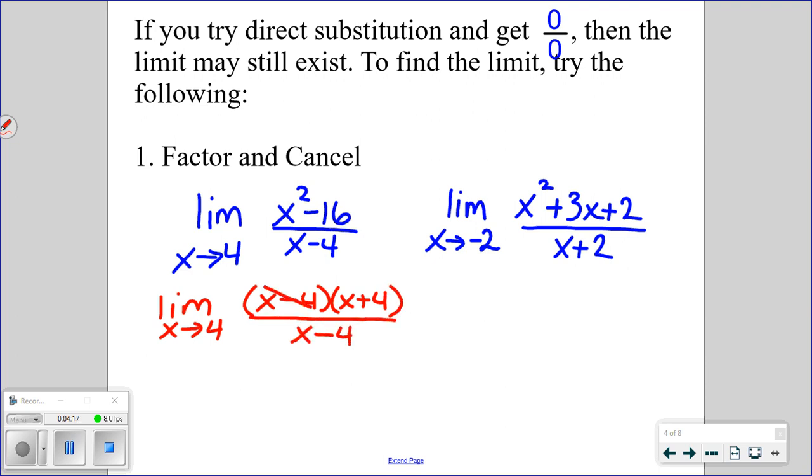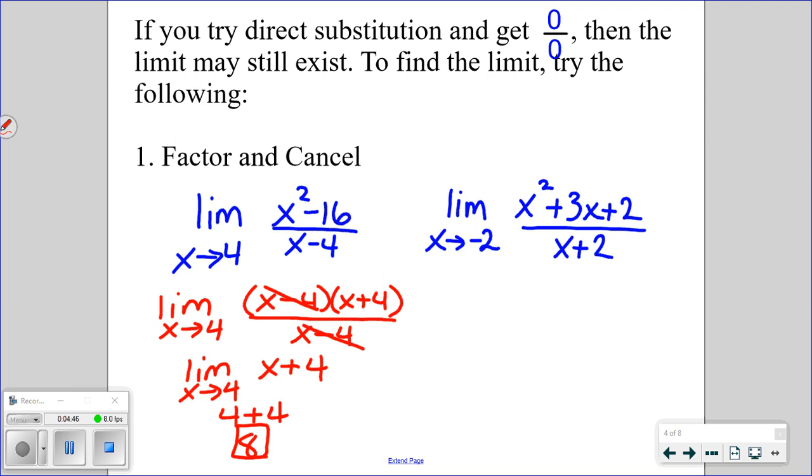Notice x minus 4 over x minus 4 technically simplifies to equal 1, but you can cross them out. That leaves us with the limit as x approaches 4 of x plus 4. Now we can just use direct substitution. Plug in 4 for x, and we get 4 plus 4, which equals 8. So the limit equals 8.